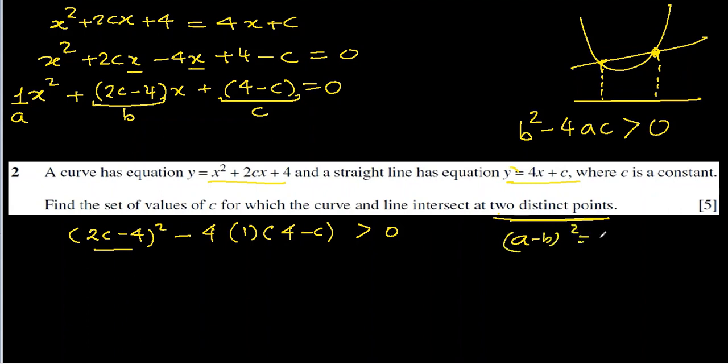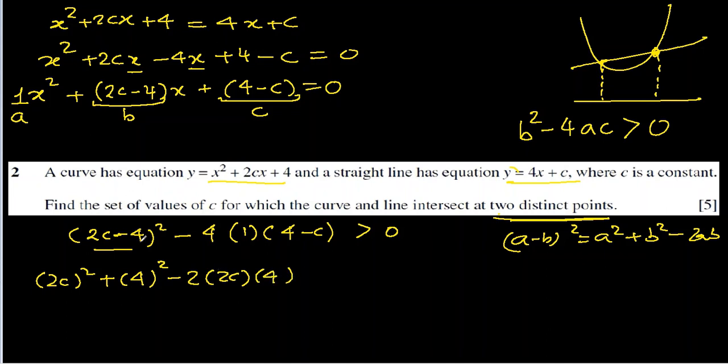A minus b whole square is a square plus b square minus 2ab. So it will be a square plus b square, okay, because the minus does not make it minus, square minus 2ab, 2c, 4. So that minus has been taken care of here.